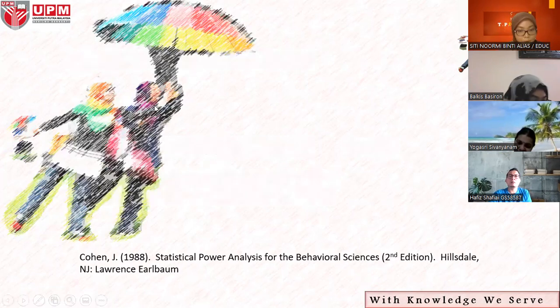So it indicates the relationship between X and Y, and the value ranges from 0 to 1. Okay, for R value in simple linear regression, it does not indicate the direction, negative or positive. It just indicates the value. Value sahaja, tak ada direction, negative or positive. Okay.